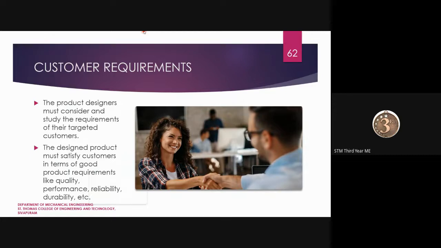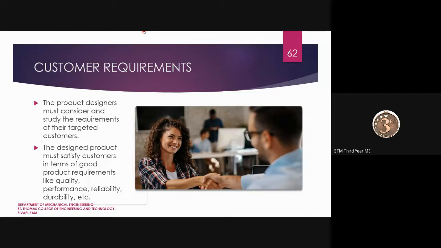So customer requirements are taken into consideration, and from those requirements, various functions needed for the product are analyzed, and these functions are then collaborated into our objective formulation. So we are stating the objective on basis of the customer requirements.